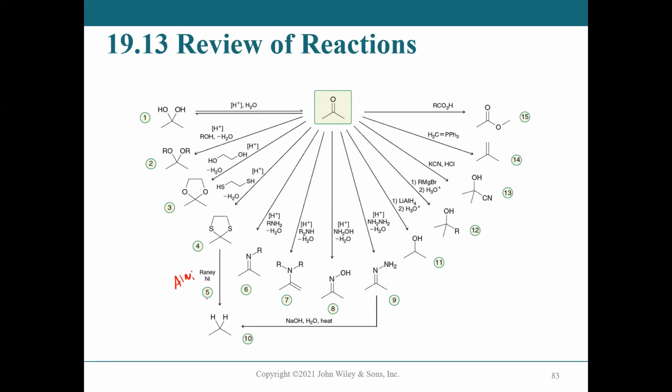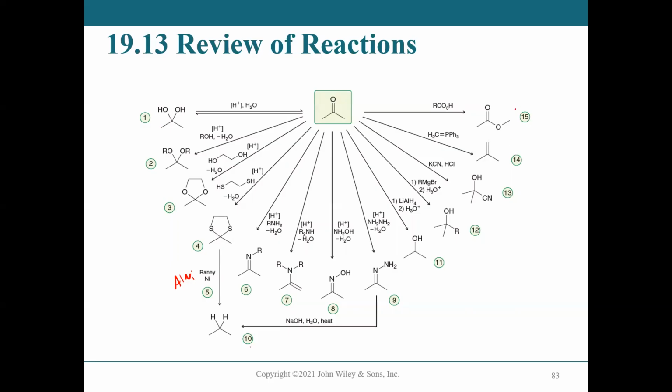This is the desulfurization. 6 should be the imine formation. 7 is your enamine formation. 8 is your oxime formation. 9 is your hydrazone formation. 10 is your Wolff-Kishner reduction. 11, this is a reduction of a ketone. 12 is your Grignard. 13 is your cyanohydrin formation. 14 is your Wittig.